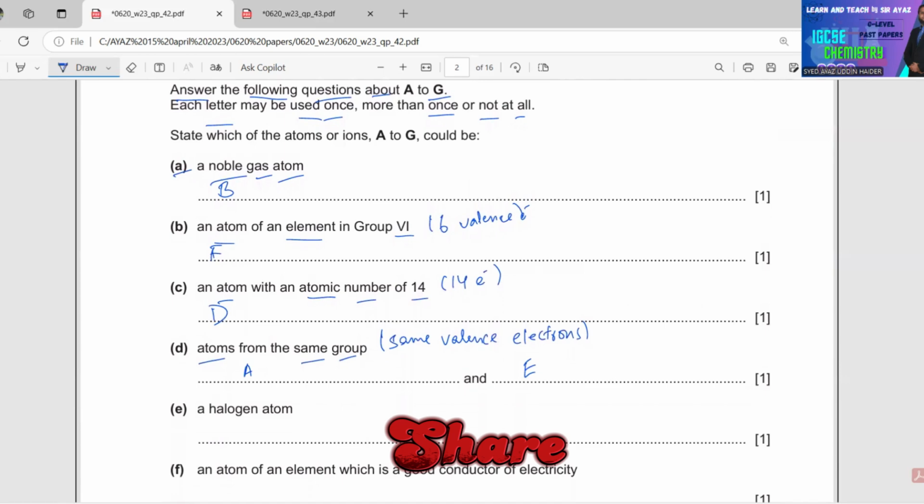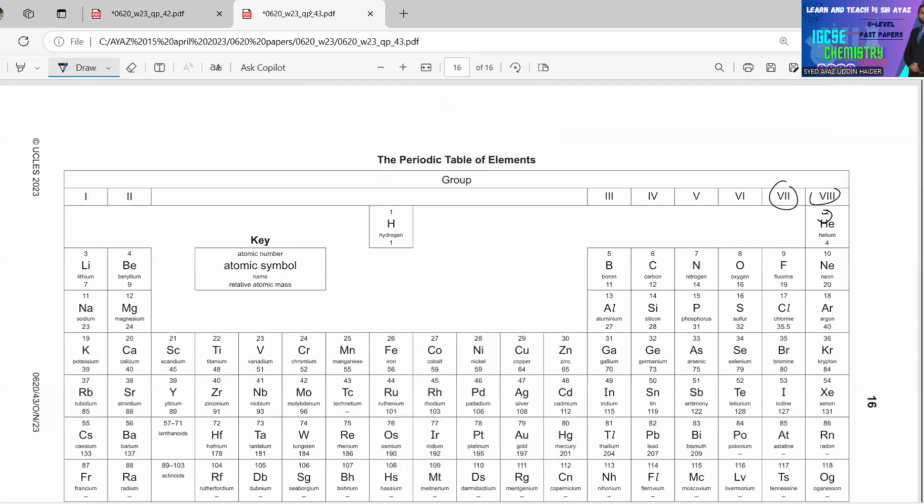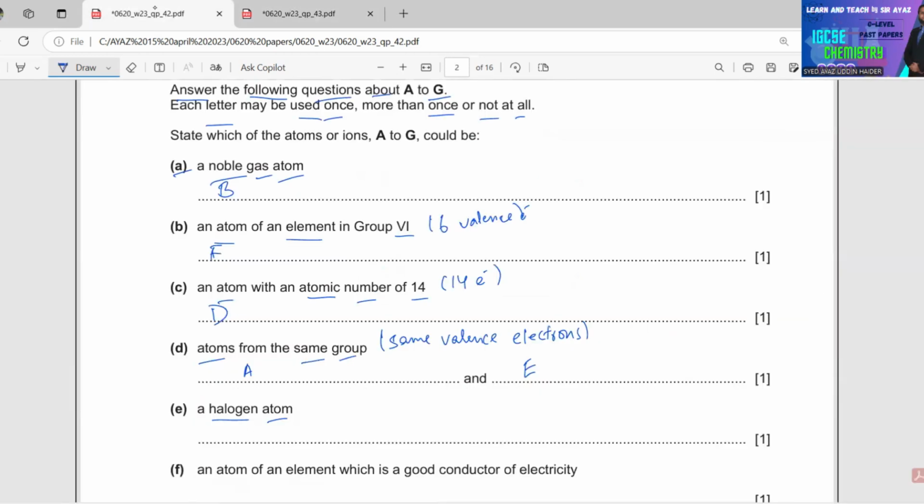E, a halogen atom. A halogen atom, it's a group 7 element. Group 7 is known as halogen. They must have 7 valence electrons.